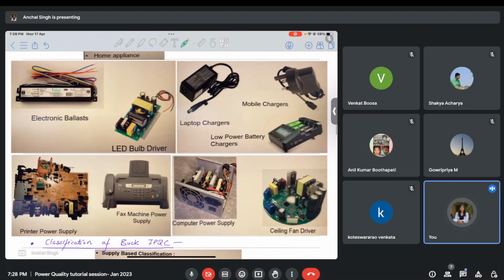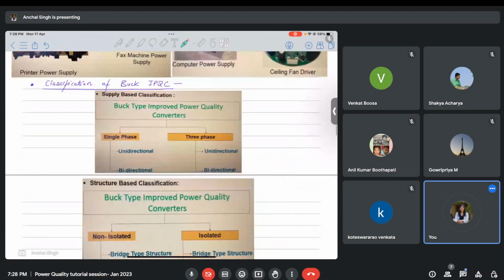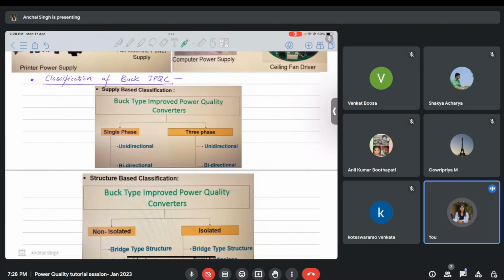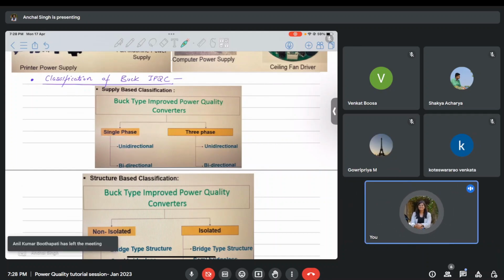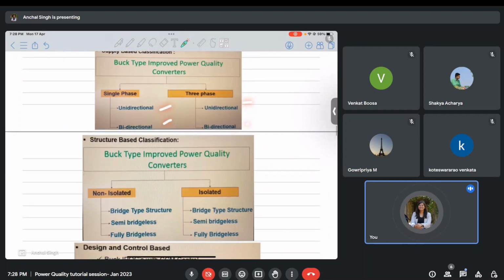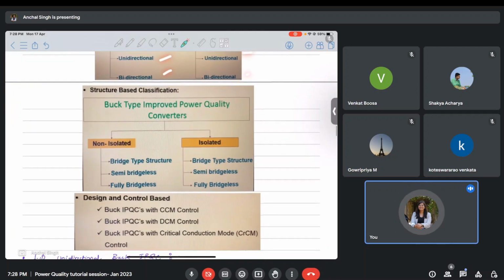Then let us look at the classification of buck converters. So again, buck converters can be classified on the basis of supply. On the basis of supply, we could classify them into single phase and three phase categories. These classifications can be given in the form of both unidirectional and bidirectional. Similarly, we could do the classification on the basis of structure.